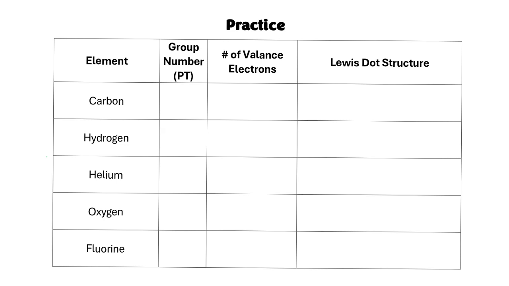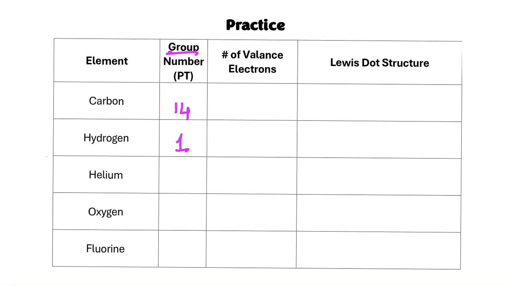Let us practice how to draw the Lewis dot structure. Usually in exams, we have this question to draw the Lewis dot structure of different atoms or compounds. We are going to practice today. Now carbon, from the periodic table, we are going to see its group number. Carbon is present in group number 14. Hydrogen is present in group number 1.